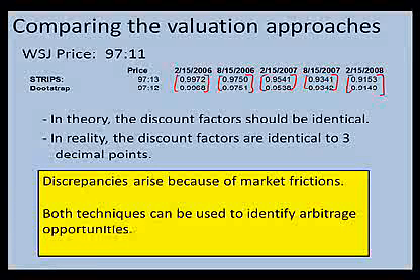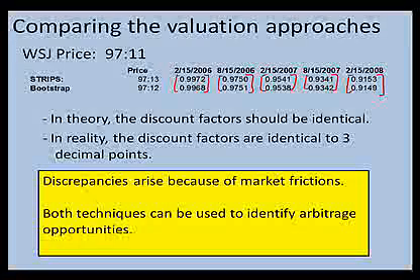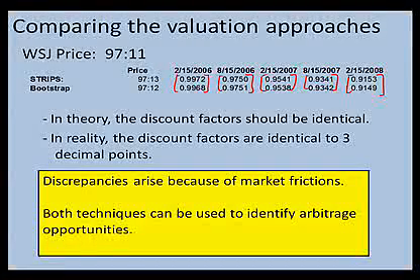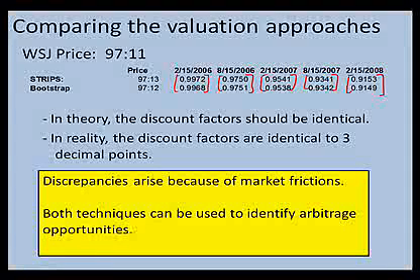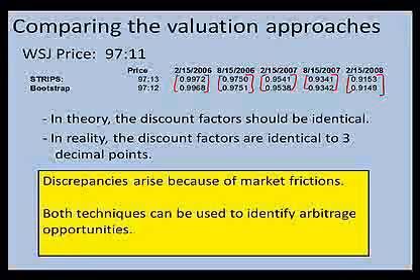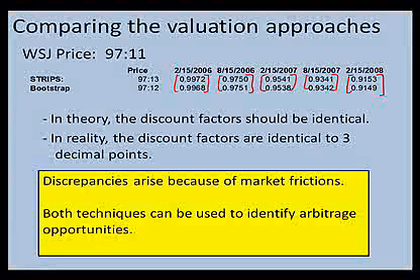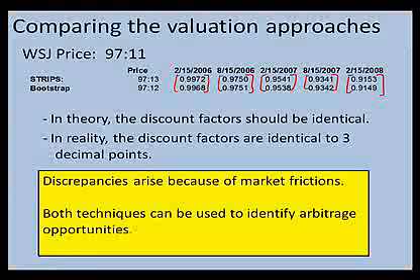The discrepancies between the prices and that quoted in the Wall Street Journal arise because of the market frictions. Remember, we have to deal with bid and ask prices. We also have to pay commission fees to brokers. All these frictions will mean prices will be slightly different using strips, using bootstrapping, compared to the Wall Street Journal price.